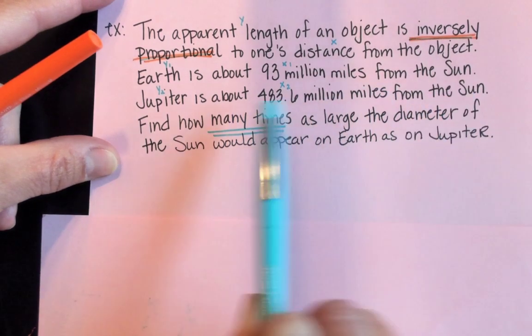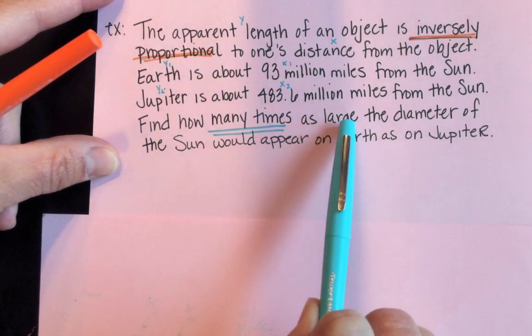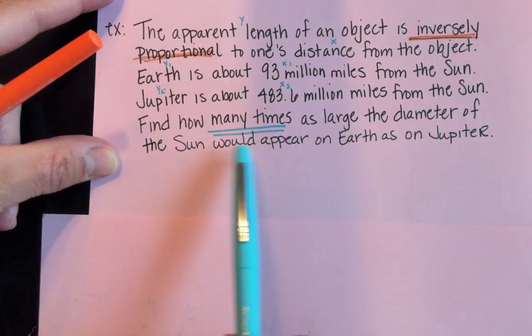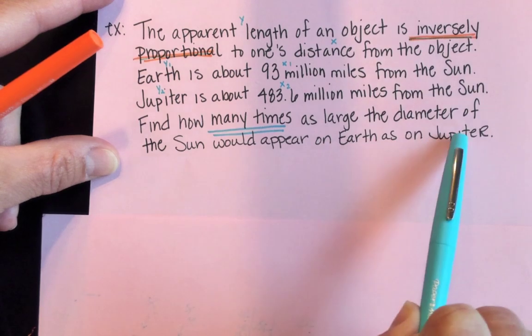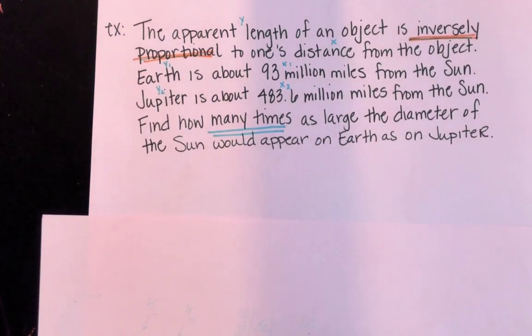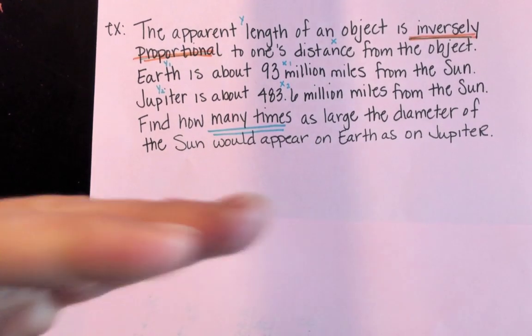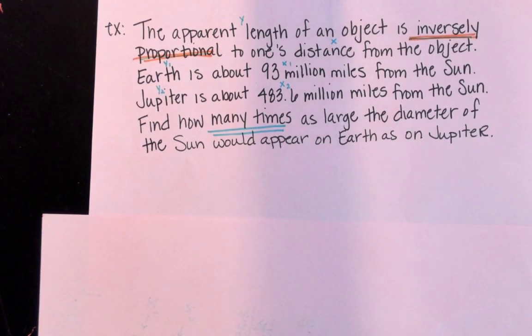Find how many times as large the diameter of the sun would appear on Earth as on Jupiter. So here's where it's different. We don't have something that we're actually looking for the length of or the distance of. We're looking for how much bigger is it going to look from one to the other?